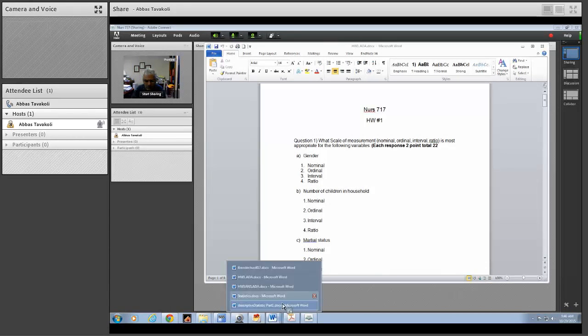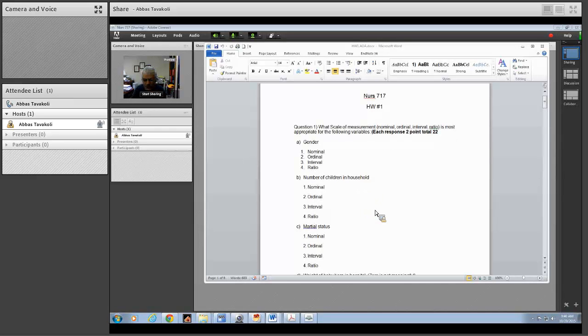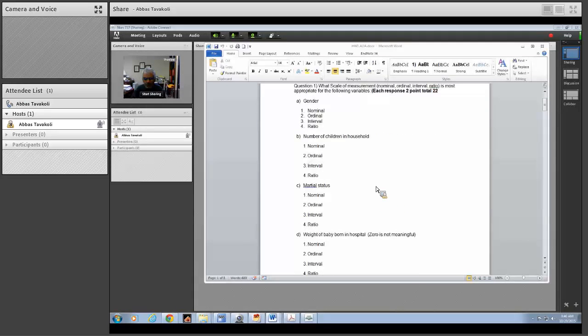One thing you have to pay attention to: I know some of you read the book and it says, in general, some sort of variable, for example ratio or continuous or ordinal, but it depends on the type of question we're asking.